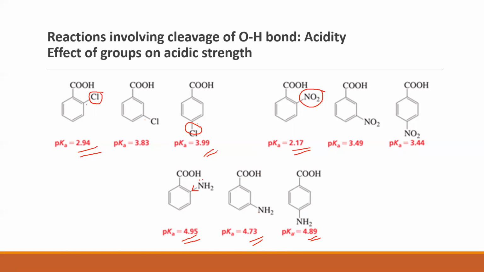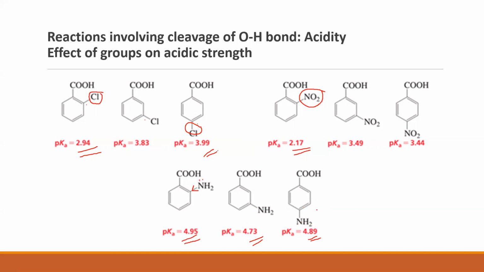One thing should be in your mind right now. Ideally speaking, when we are talking about distance, if NH2 is in the para position, then this acid should have been the strongest, right? But that's not the case. NH2 at meta results in a stronger acid because it shows a lesser pK value.